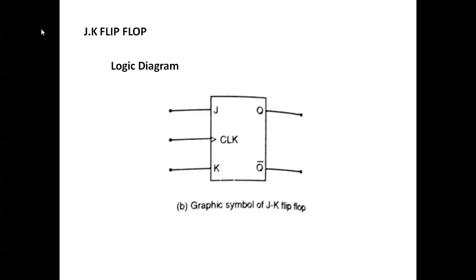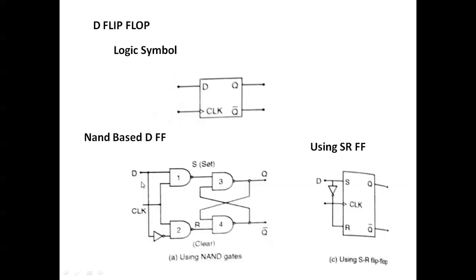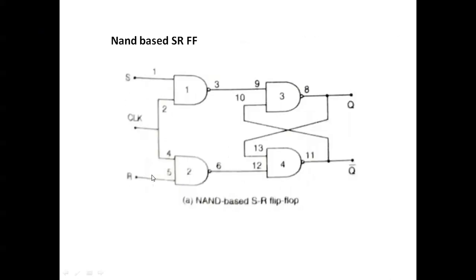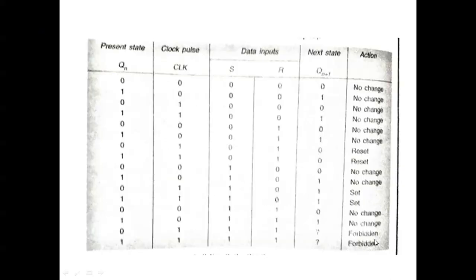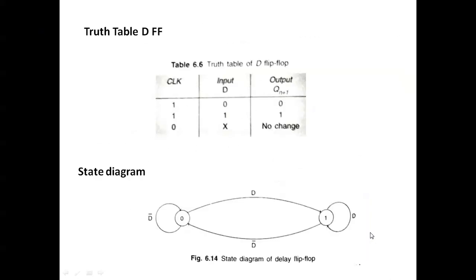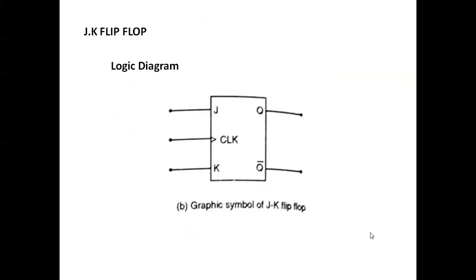In the SR flip flop, if the input is 1 1, you can't use it. It's a forbidden state. So previously you saw that the SR flip flop has a forbidden state. That's why they go to the JK flip flop. They can overcome that trap.